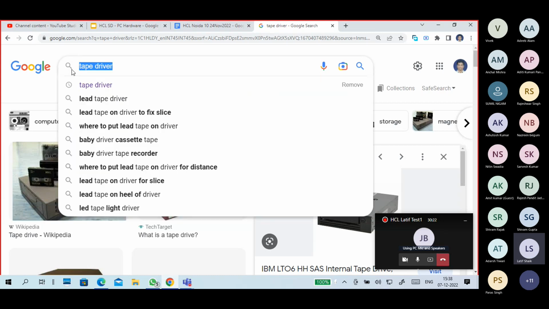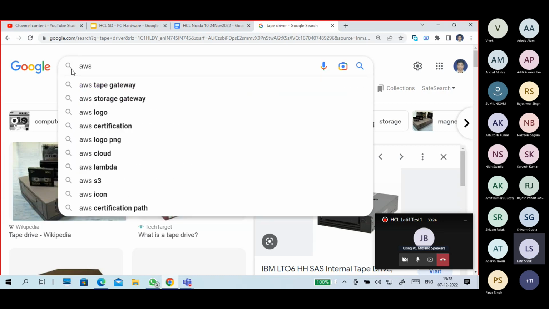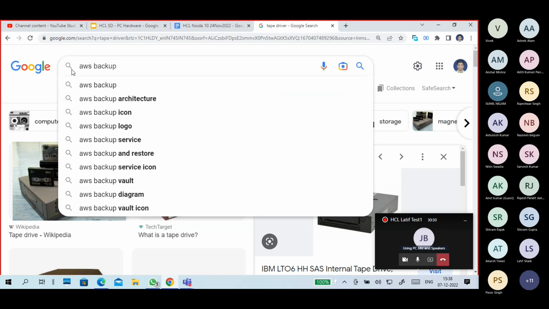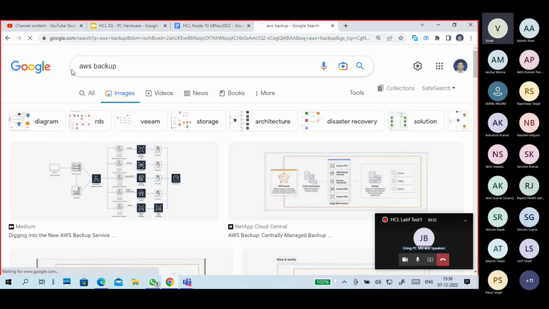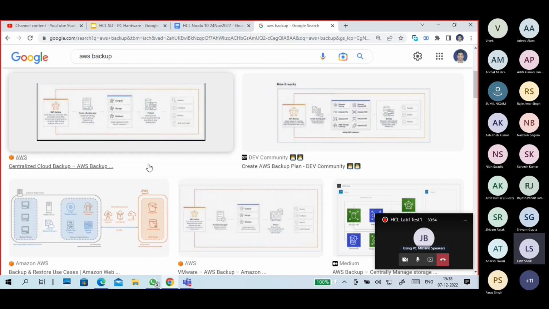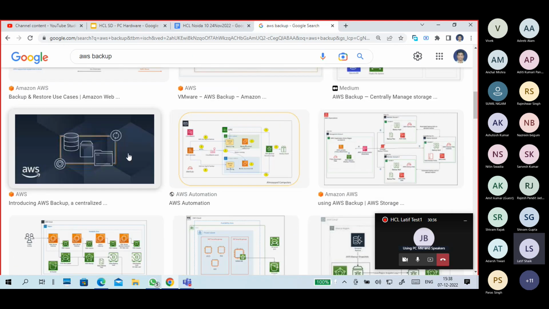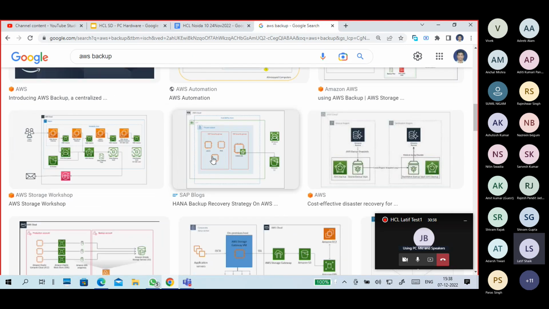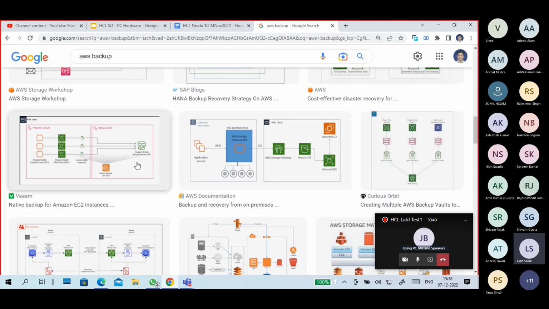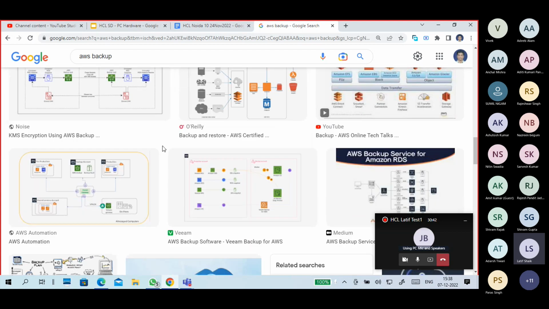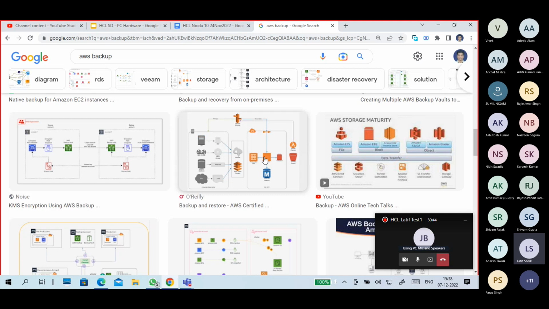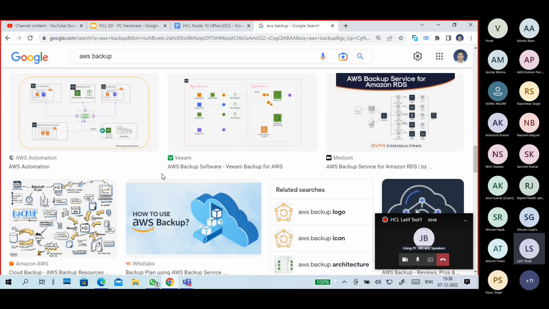You can see AWS Backup. So what it will do: you have your EC2 instance, you have certain data, your programs are there, your files are there. They store data into this backup kind of stuff.